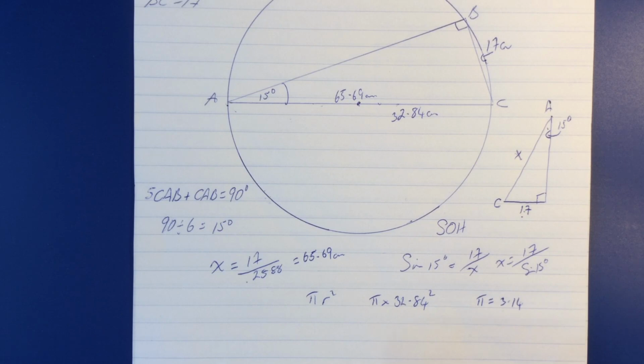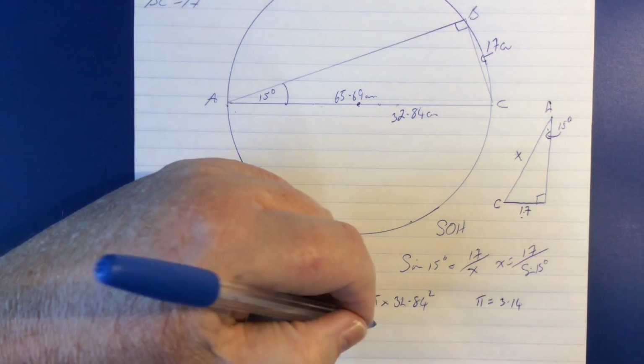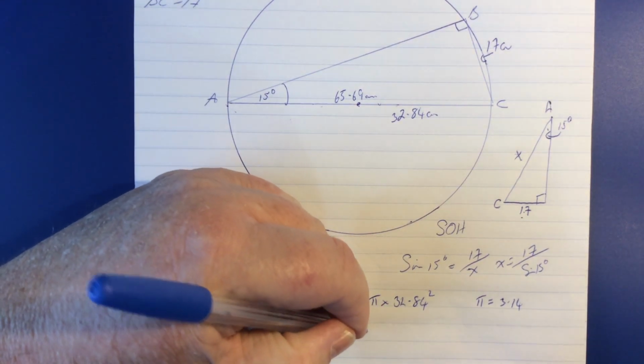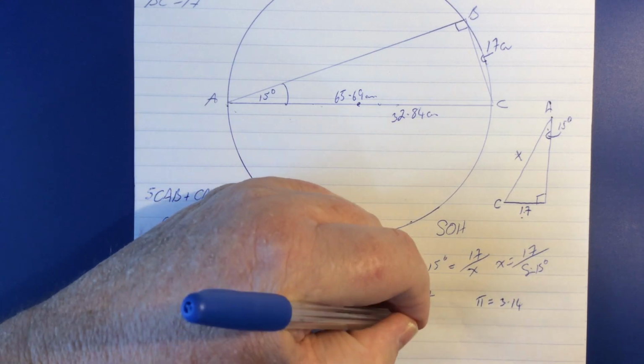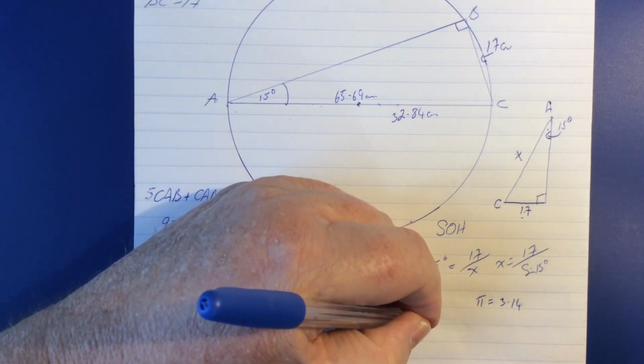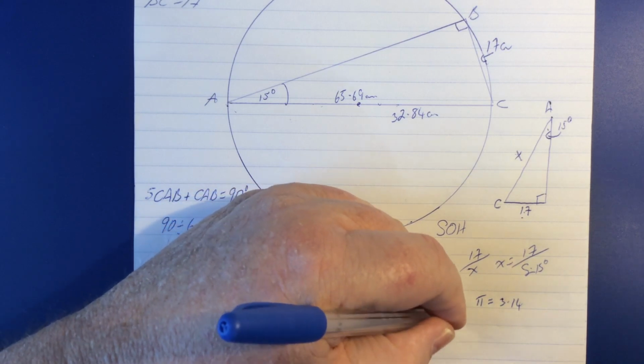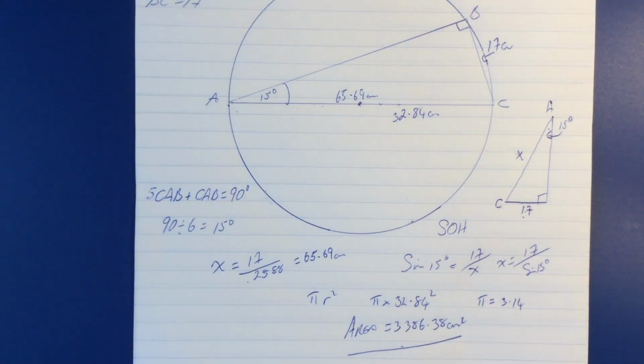So pi times this, times 3.14, gives us an area of 3,386.38 centimeters squared. That is our answer. That is how you get it. And you can even do this using equipment from the Dark Ages like I just did.